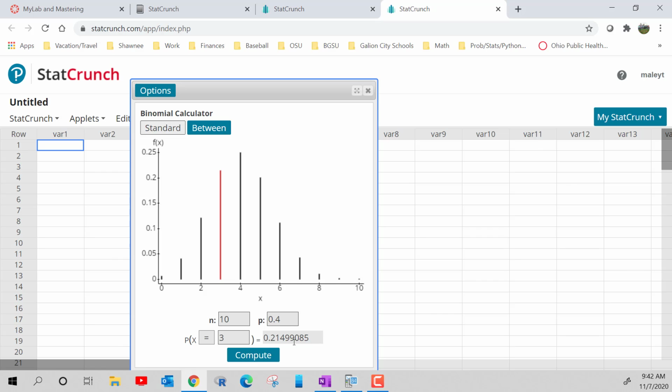And it tells me right here, this is like my output box, this tells me that probability, which is what we just calculated by hand. And this gives me a nice graph of the discrete probability distribution, and it's just reminding you that I'm finding this part in red. I'm trying to find that probability in red.